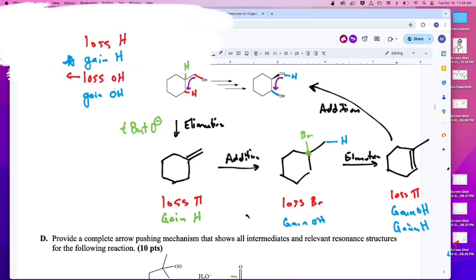Why would I give you a list of reagents? T-but-O minus. Why do you say T-but-O minus for an elimination? It's a strong base. Perfectly acceptable. That is a standard thing to memorize for elimination. It's usually a pretty good thing. Does anybody want to challenge, or do we leave it alone?